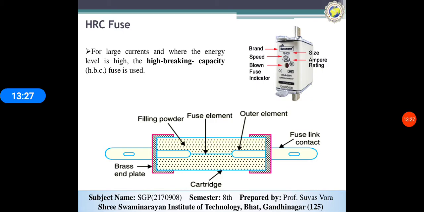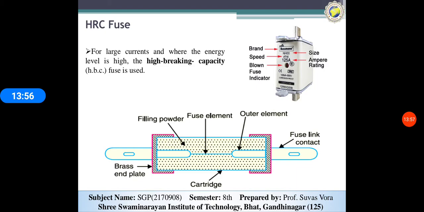Now the HRC fuse. This one is the most applicable nowadays for industrial as well as domestic systems. Basically the HRC fuse is applied for large currents and when the energy level is high, it means it is a high breaking capacity fuse.